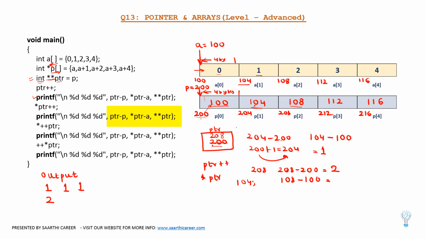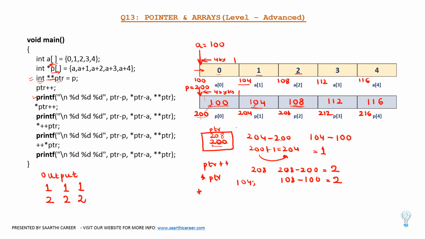Because these are pointers to integers, between 108 and 100 there can be only 2 integers. The answer is 2. And then finally **ptr. We dereference 208 and we get 108, and then we dereference 108 and we get the value 2. So this printf has resulted in 2, 2 and 2.